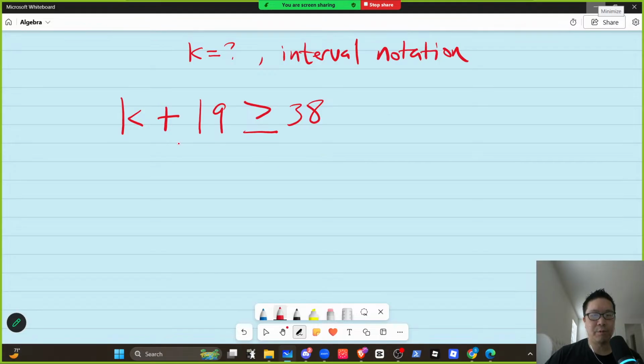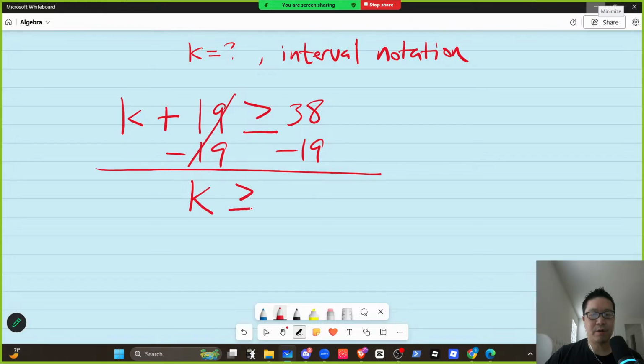Okay, so what would be the first thing to solve for K that we do? Subtract 19 on both sides. Yep. So we get K is greater than or equal to 38 minus 19, which is 19.